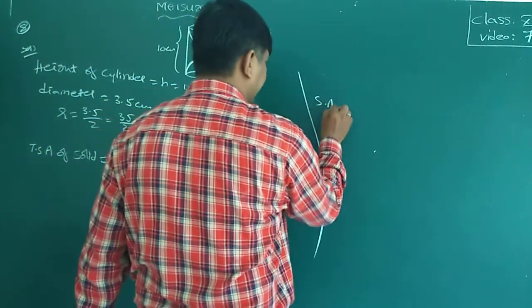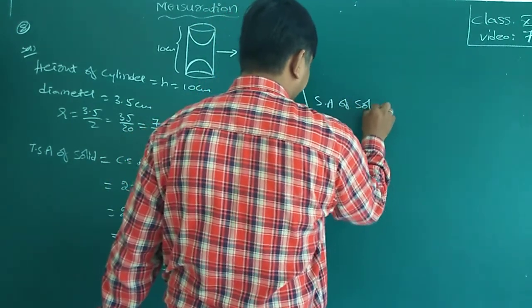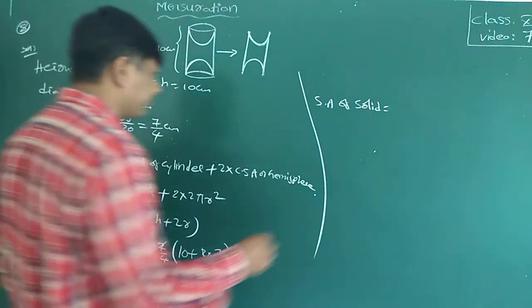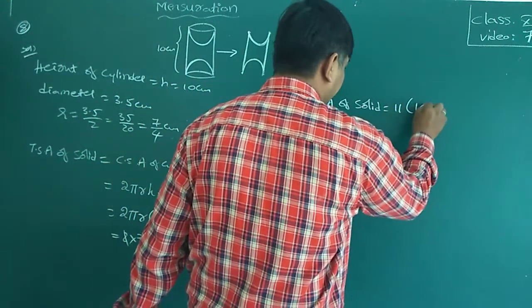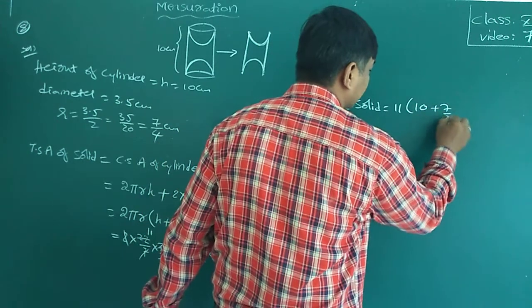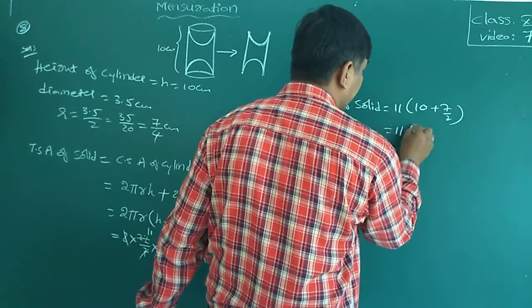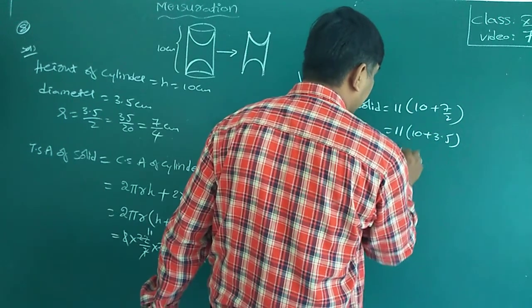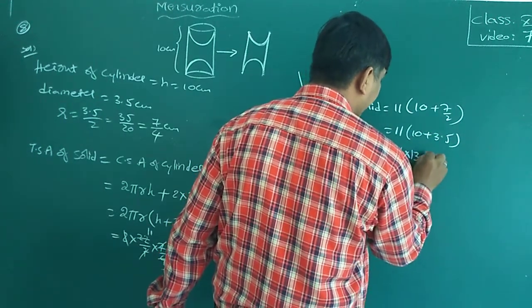Now surface area of solid is equal to 11 only left, 10 plus 7 by 2, that is equal to 11 into 10 plus 3.5, 11 into 13.5.